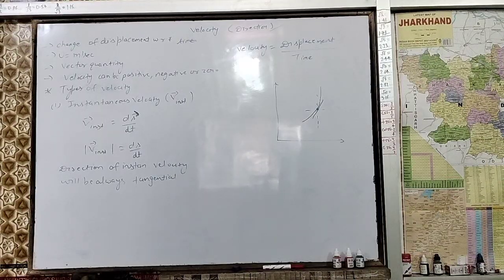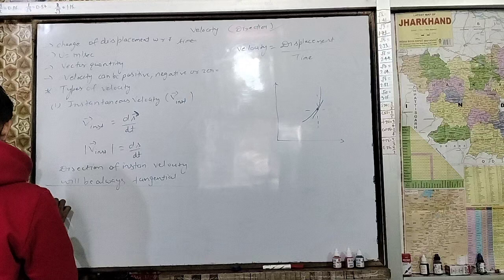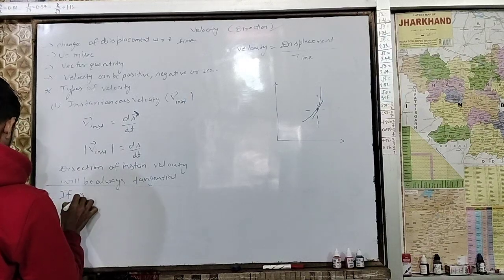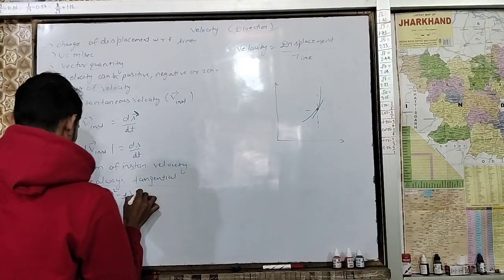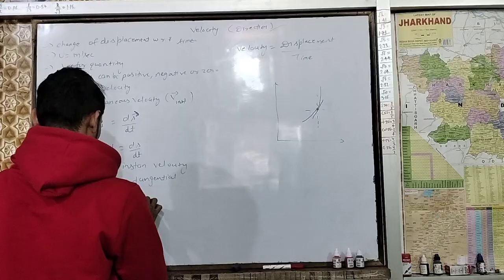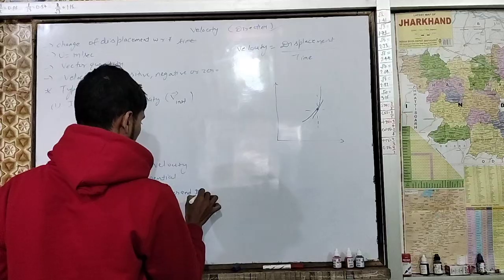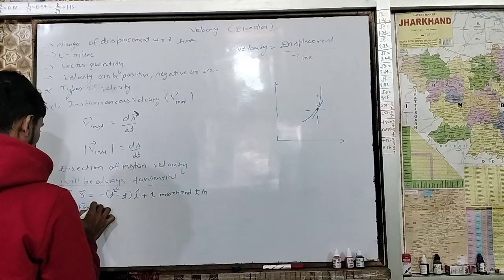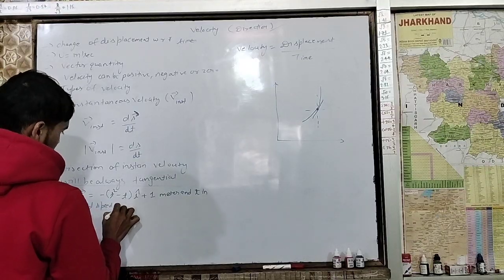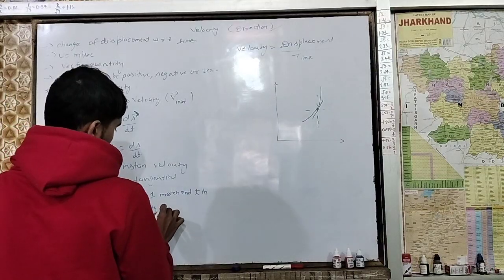Now let's take a question, one question based on this. The question is: if a displacement is given as minus t squared plus t plus 1 meter, and t in seconds, find the speed and velocity after 1 second.